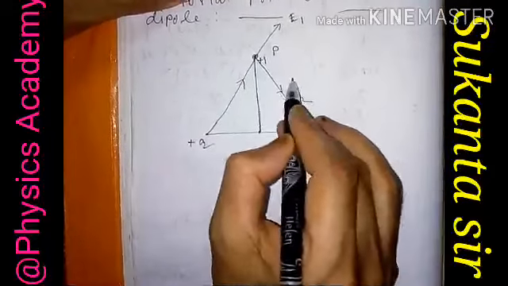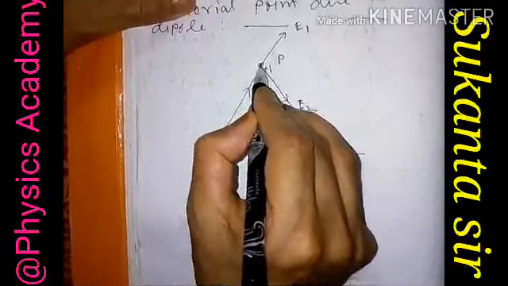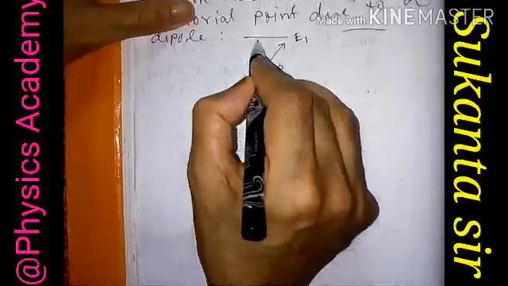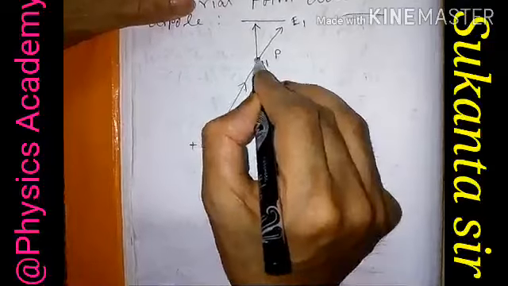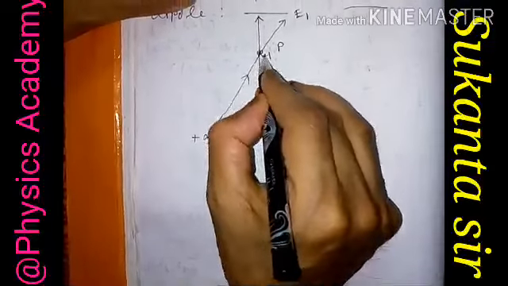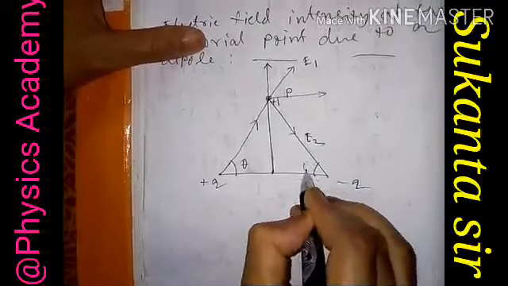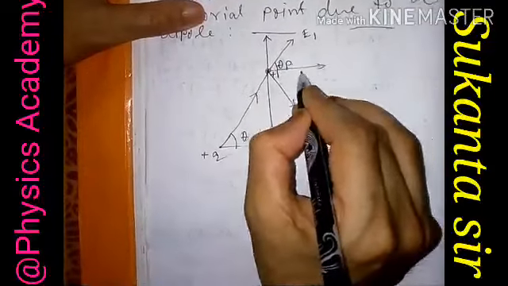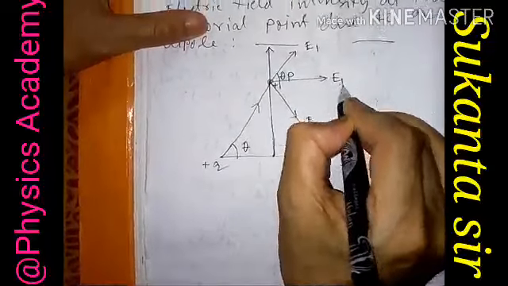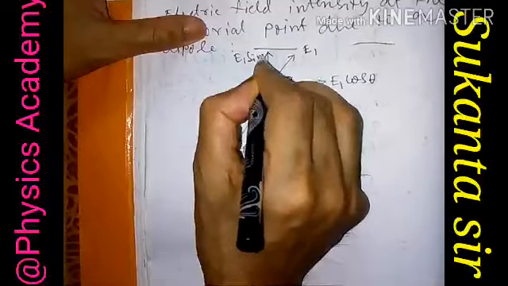By taking the different components of the E1 vector, we can take two components of this E1 vector. Let this angle be theta; this component will be the cos theta component, and this will be the sin theta component.